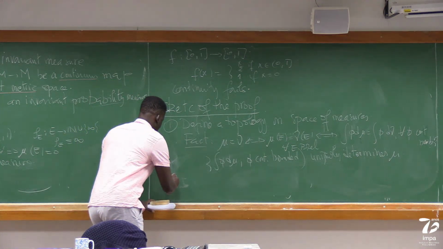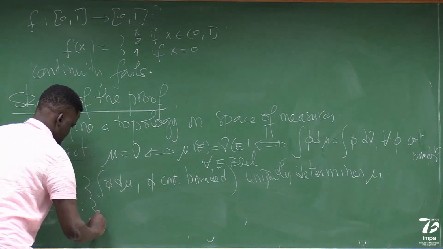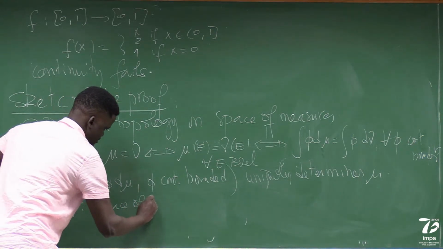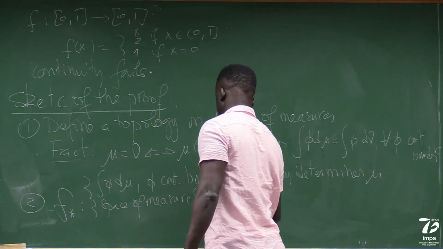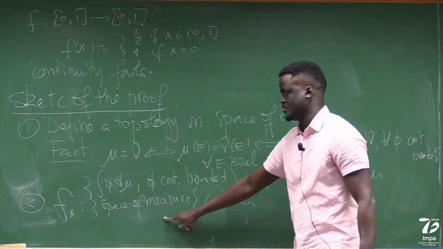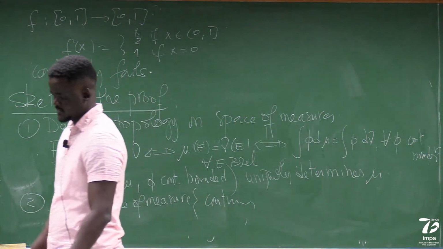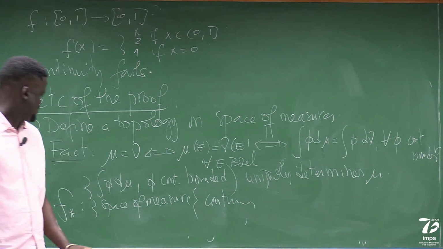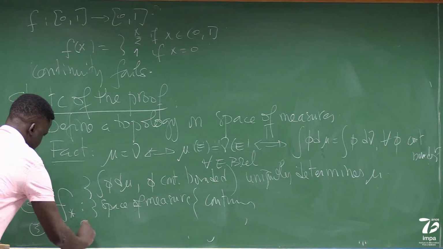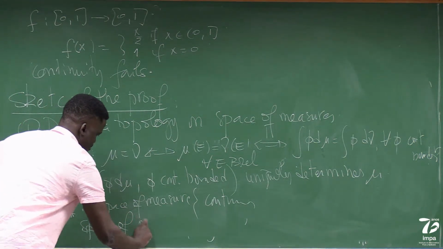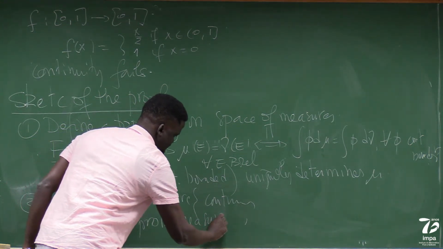And then we have this map F star from the space of measures, which is continuous. Once we have a topology here, we can check whether this map is continuous. And we need to check that the space of probability measures is compact and convex.